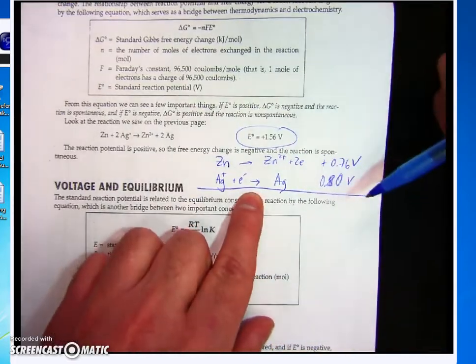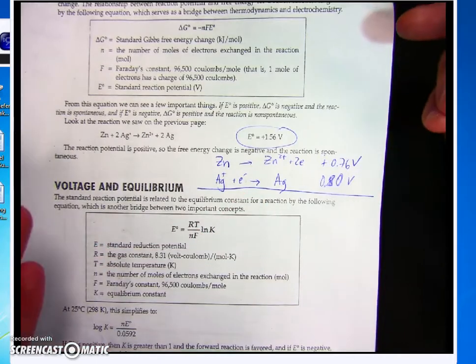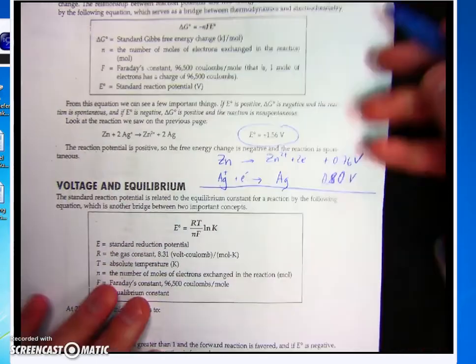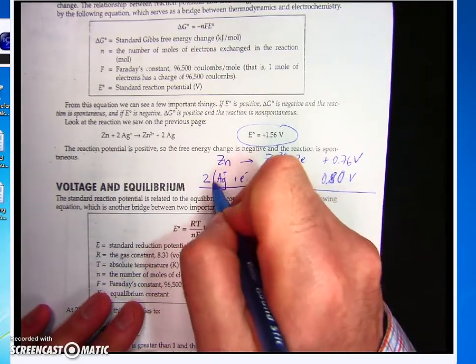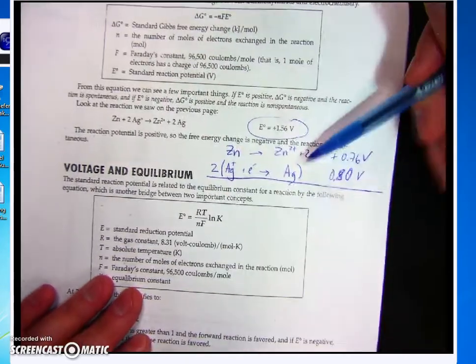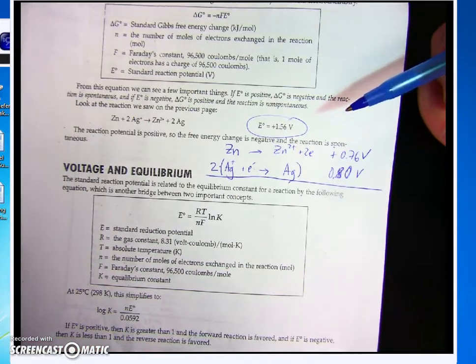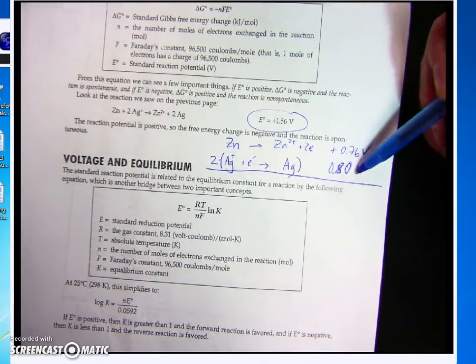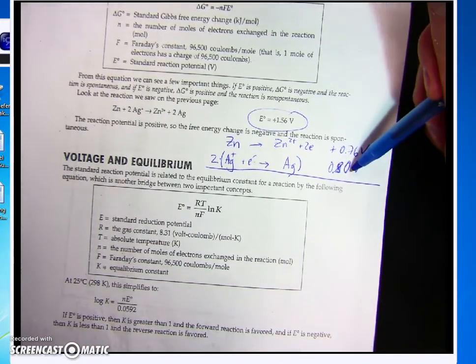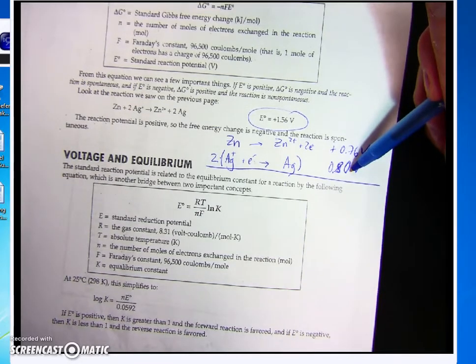The electrons, I notice, are out of balance. In order to do this correctly, I must multiply everything in the second equation by the number 2. However, in contrast to things we've done in the past, the voltage does not get multiplied by 2.